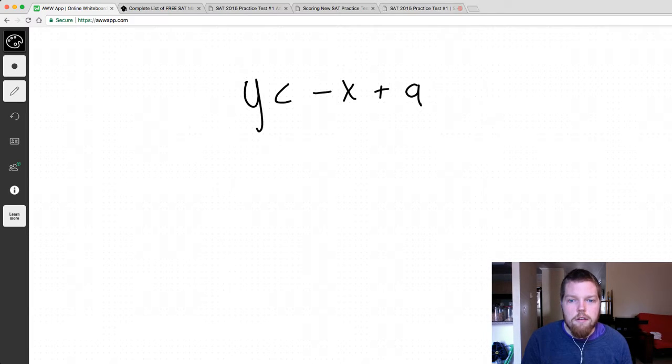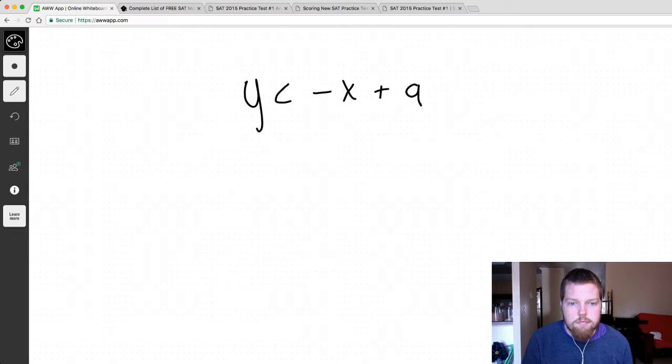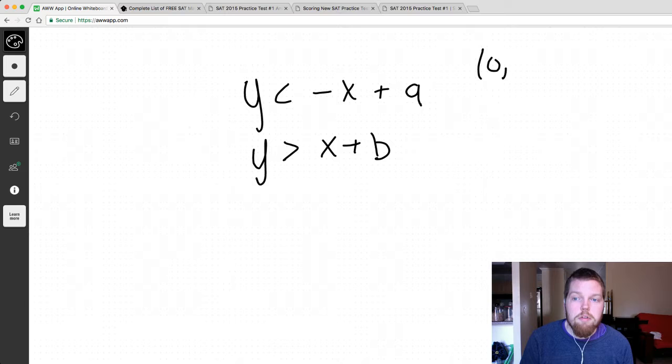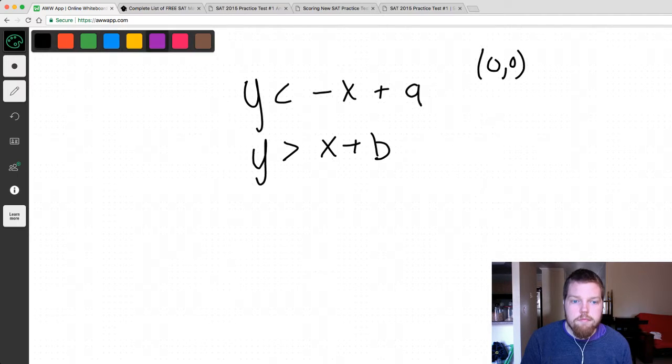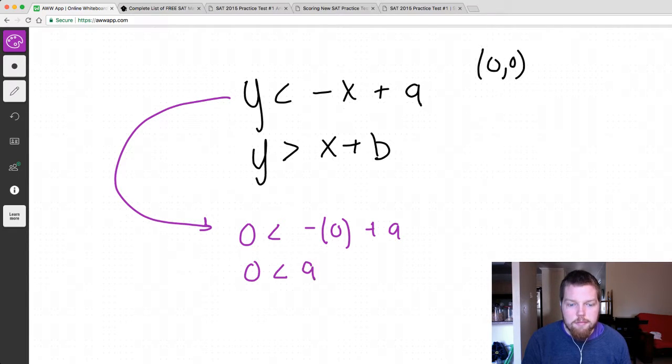And y is greater than x plus b. So it says that 0, 0 is a solution, so let's plug in 0 here. 0 is less than negative 0 plus a, so 0 is less than a. And if that's true, that implies that a has to be greater than 0.